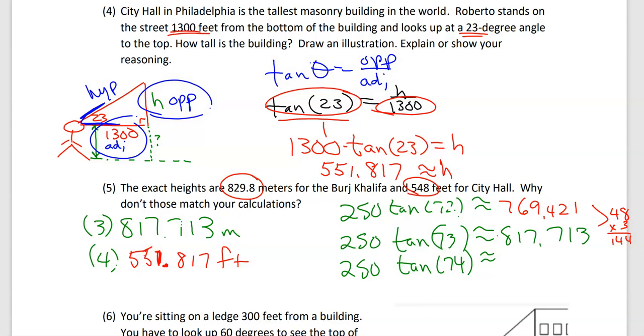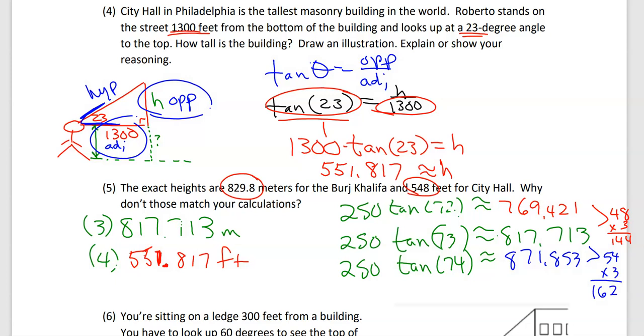And if I was going the other direction, doing the 74-degree angle, the answer is 871.853. So again, the difference between these two is approximately 54 meters times 3, so about 162 feet.